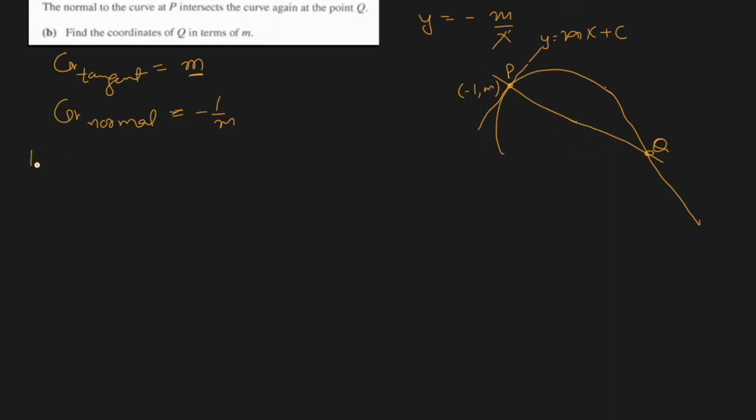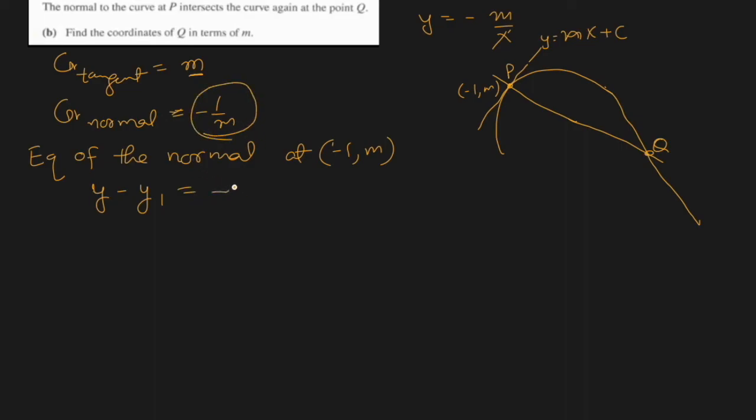So we have to write equation of the normal. At what point? Negative 1, m. So equation of the normal, we write y minus y1 equal to not m, because the new gradient is negative 1 over m. So we'll write negative 1 over m times x minus x1, where x1, y1 are specific points and we know the specific point here. So y minus m equal to negative 1 over m times x minus negative 1.